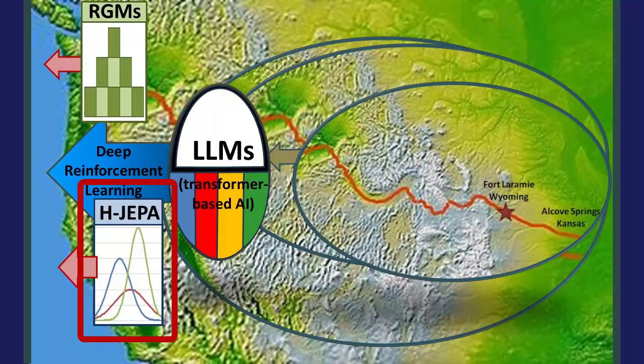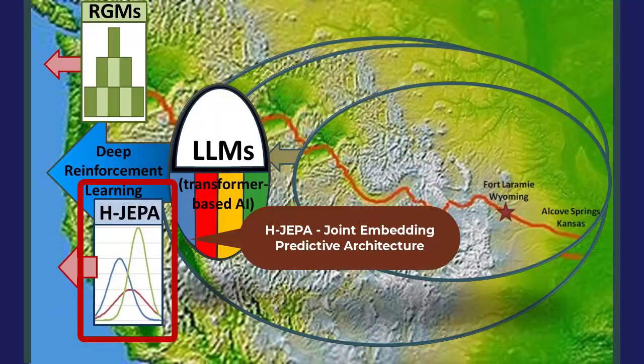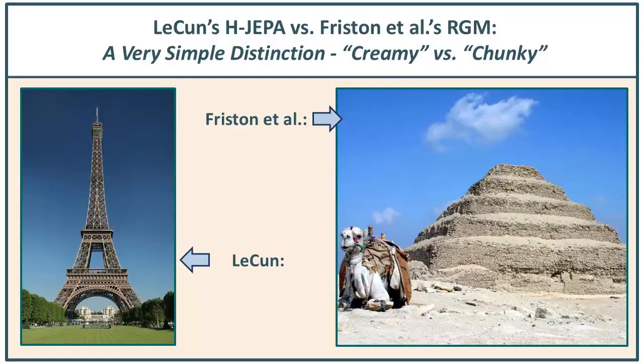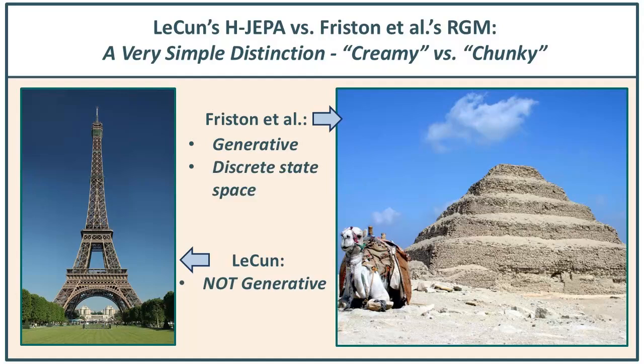And then at the bottom you're going to see LeCun's work, Hierarchical JEPA, Joint Embedding Predictive Architecture, H-JEPA. And LeCun, of course, with Meta, is, as opposed to Friston, who is very, very blatantly, openly all generative, LeCun is blatantly, openly not generative. And Friston is also sort of state spacey.